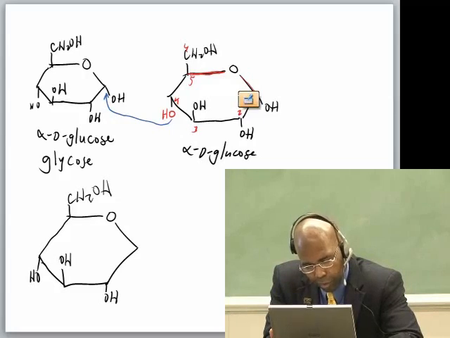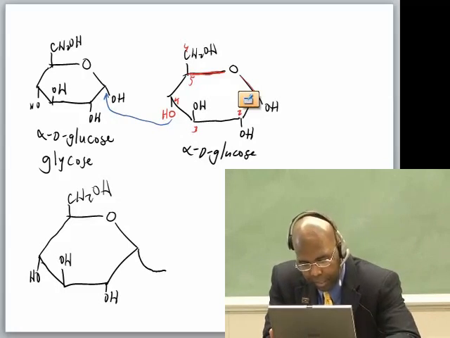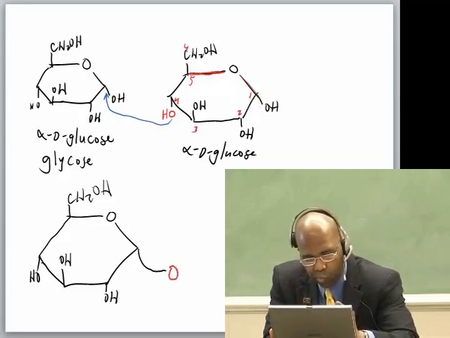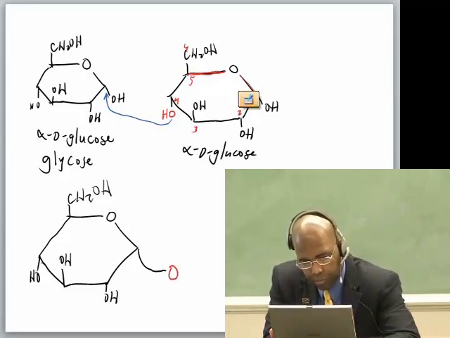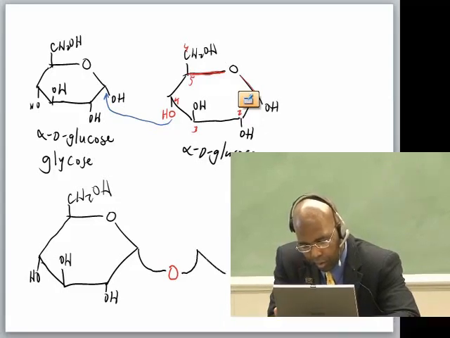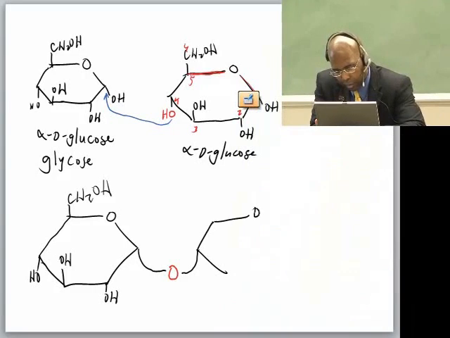Now, I'm going to do something here. I'm just going to draw it as a curve right now, and then I'll explain something later. And so I'm going to put here, and then this is going to be our O. And then we're going to go up to our 4 carbon. Up, down, and we'll keep this one down. It doesn't matter what that one is.